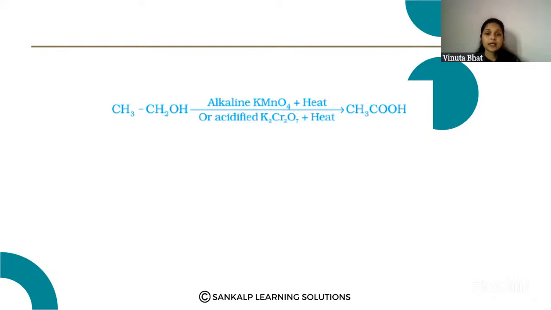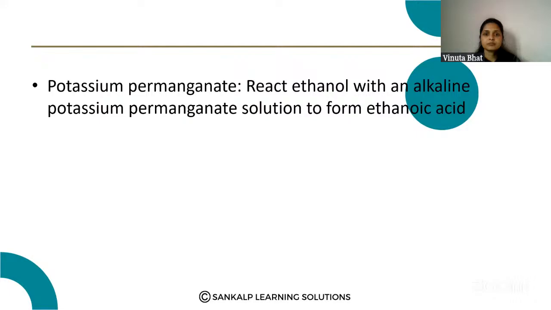Or you can use acidified K2Cr2O7, potassium dichromate. Potassium permanganate: react ethanol with an alkaline potassium permanganate solution to form ethanoic acid.